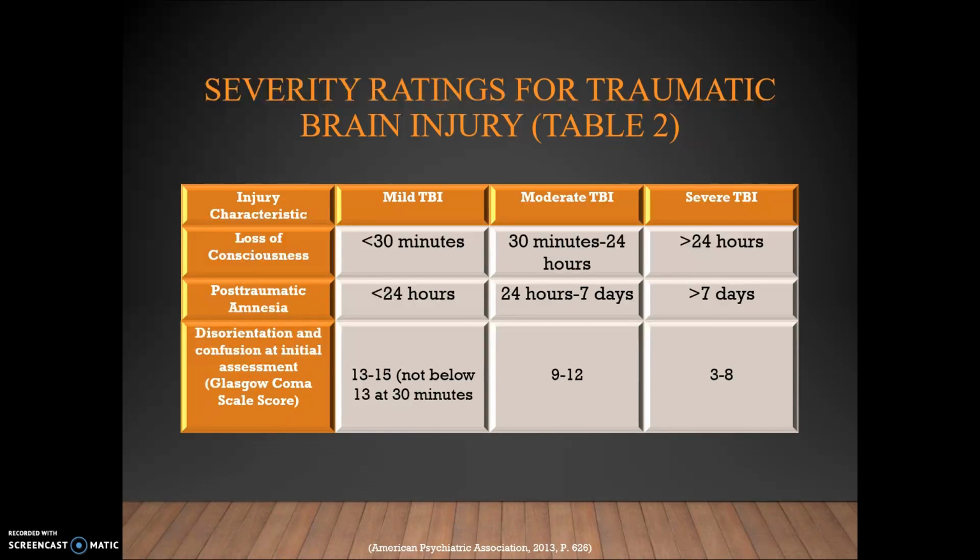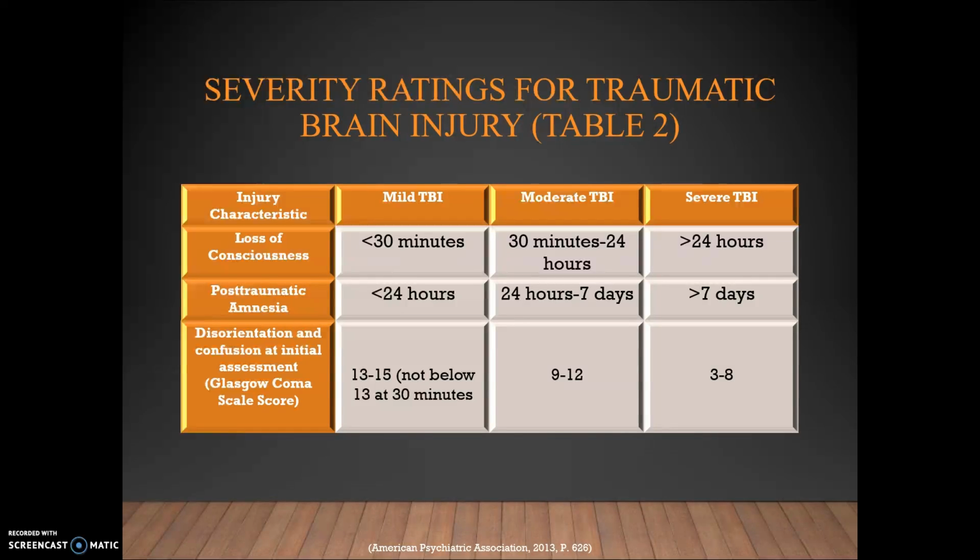For moderate traumatic brain injury, the loss of consciousness occurs for 30 minutes to 24 hours. The post-traumatic amnesia occurs for between 24 hours and 7 days. And then the disorientation and confusion at the initial assessment is between 9 and 12.